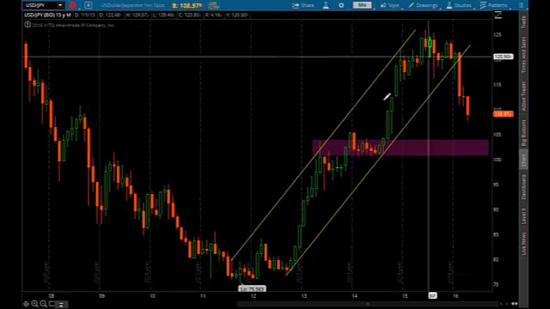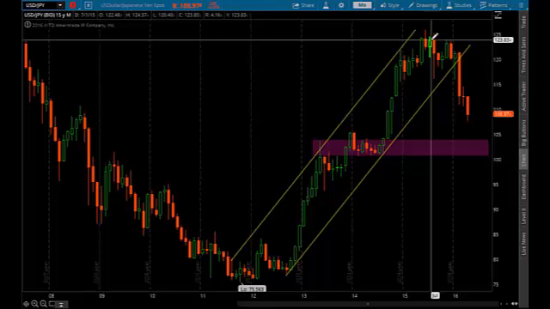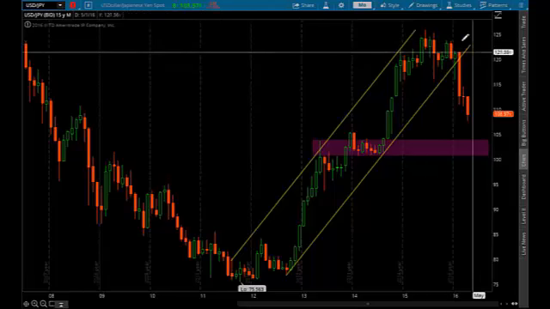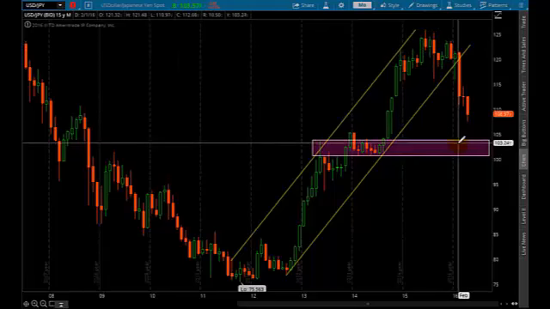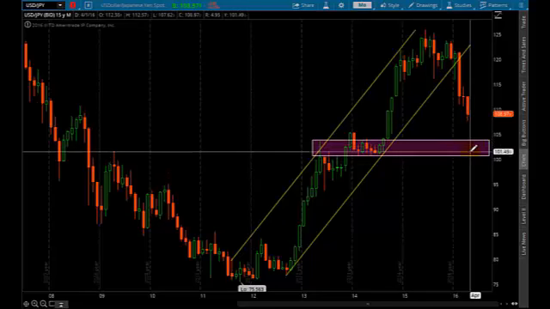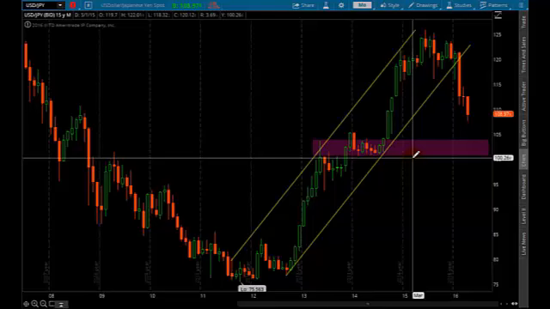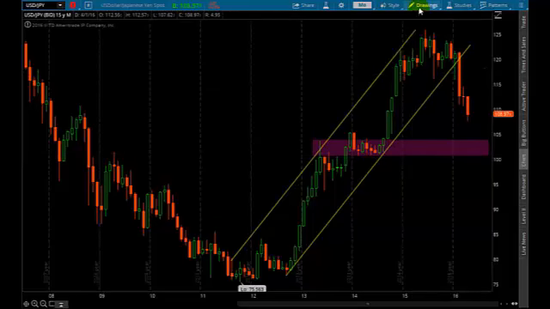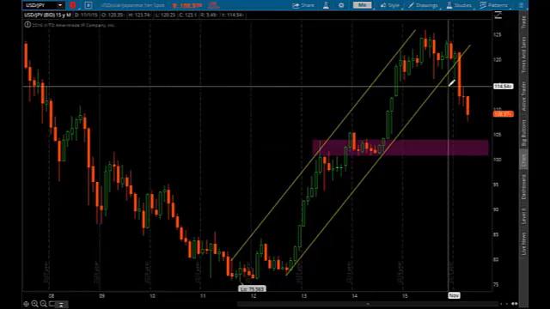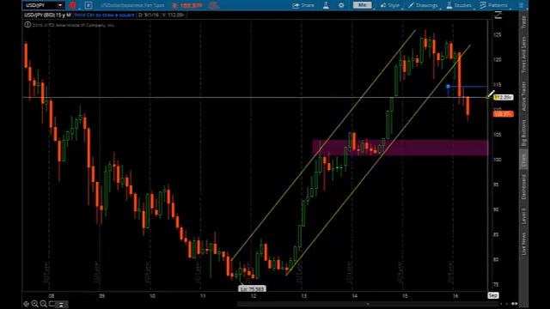As for the trend, the trend was up and has somewhat broken to the downside from here. If the price comes in here, it would still be making a higher low. But once it goes below this, you could be looking for shorting opportunities. This is a little area I can point out for a shorting opportunity.